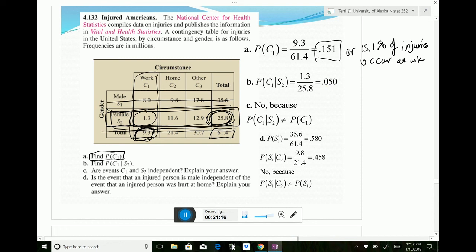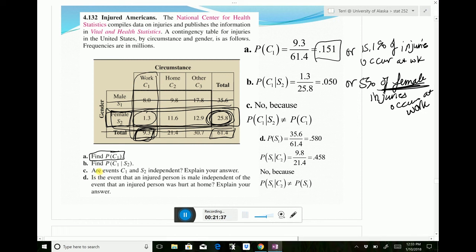That's 0.05, or 5% of female injuries occur at work. So out of the females, only 5% get injured at work.